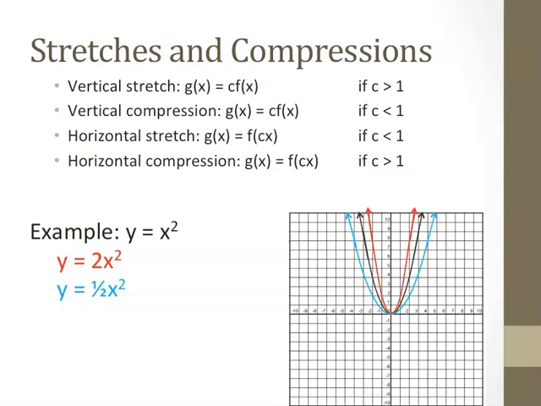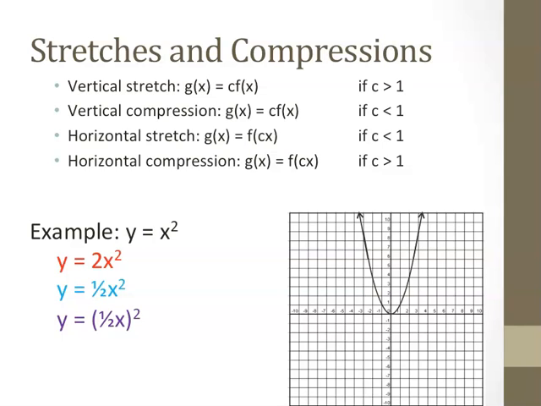Okay, we'll do examples of horizontal stretches and compressions, but I'm going to clear off our graph here so that there's less going on. All right, so y equals (1/2 x) squared. So notice how the 1/2 multiplies the x and it's being squared, so it's inside of the parent function.